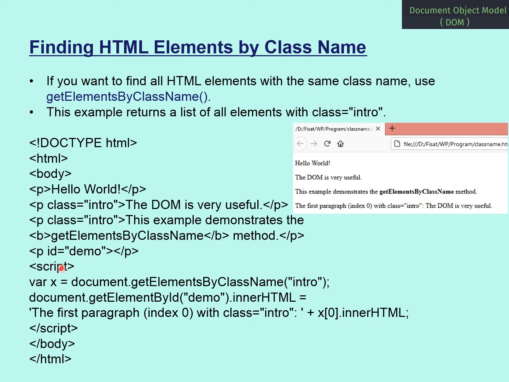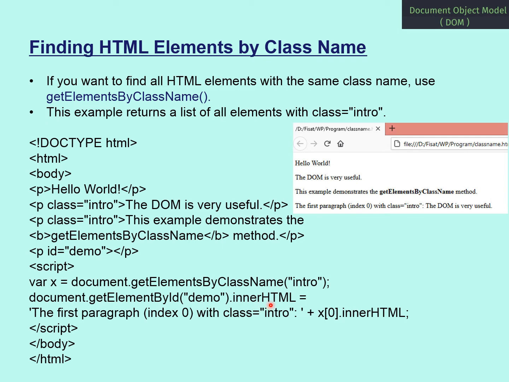Then we are having a script tag. Variable x is equal to document.get elements by class name intro. In the previous example we used get elements by tag name, but here it is using get elements by class name. Here the class name used is intro. The next is document.get element by id demo.inner html.